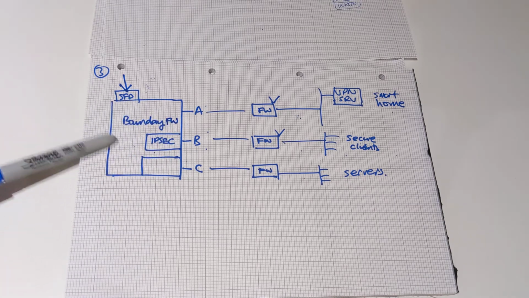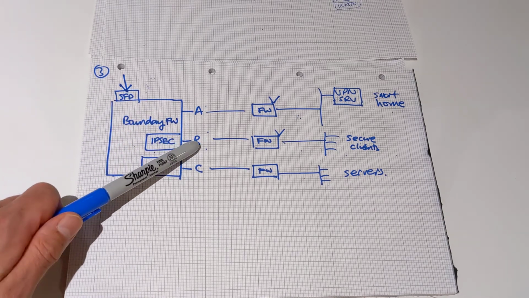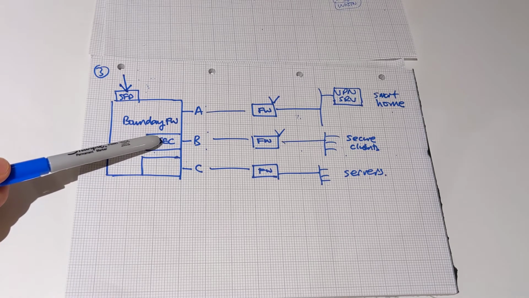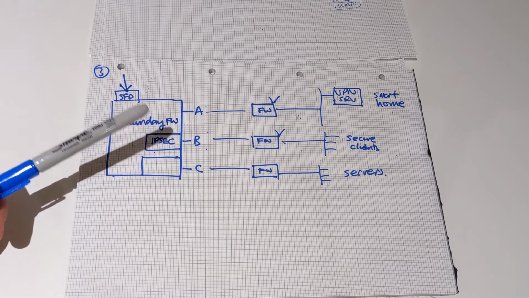The rule set in here says, you've come from network B, I better apply the IPsec, and I'll make anyone believe that you're in country X.